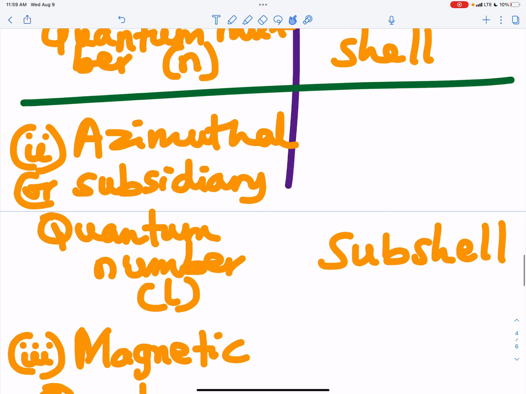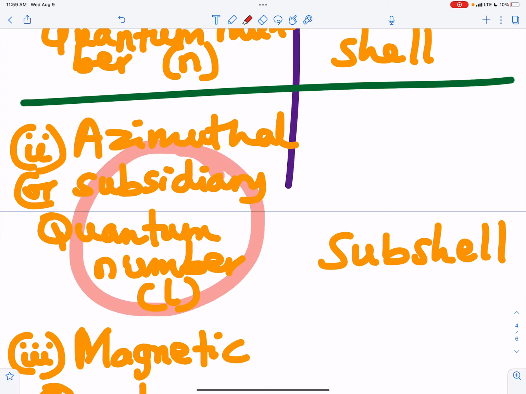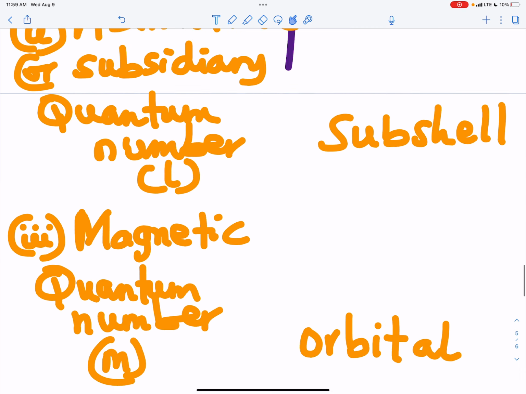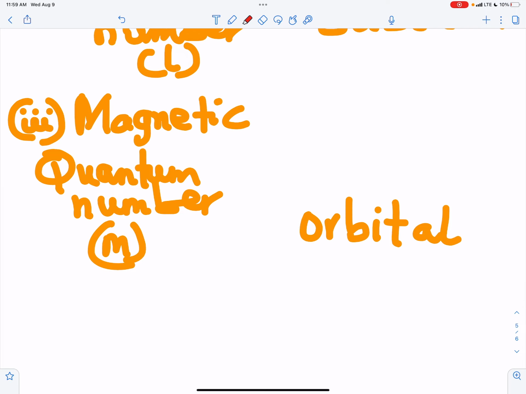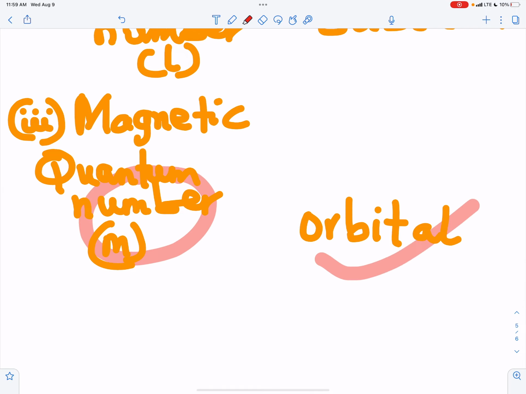The azimuthal one tells us the subshell an electron belongs to in a shell. The magnetic quantum number, this M, tells us the orbital an electron belongs to in a subshell.